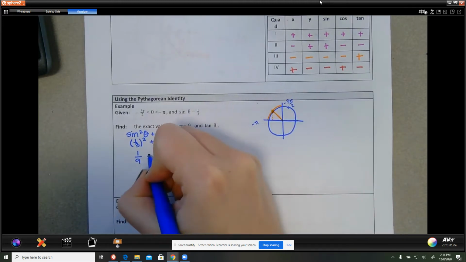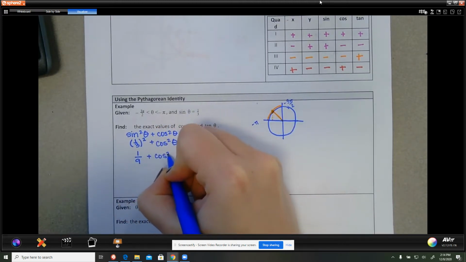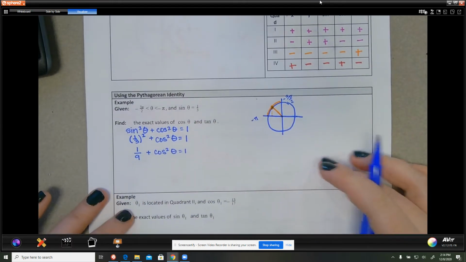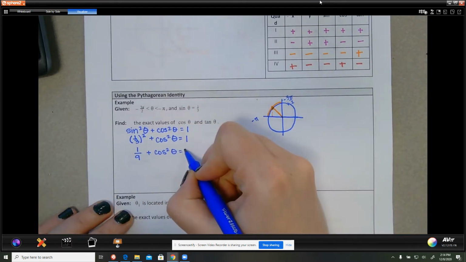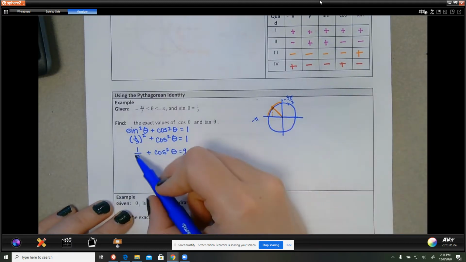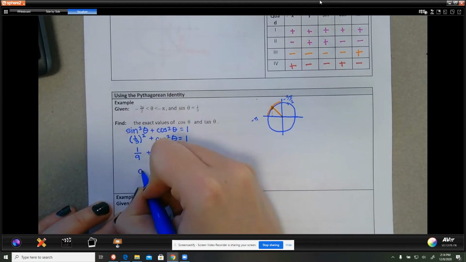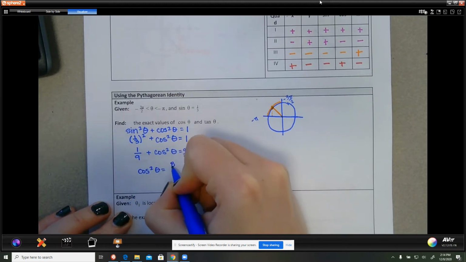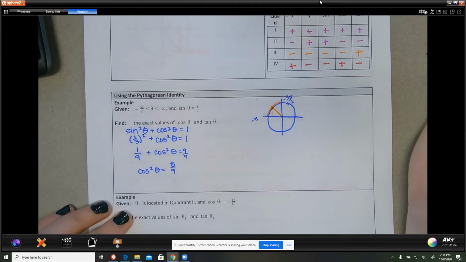Then 1 is equal to 9 over 9, so we can subtract 1/9 from both sides. So cosine squared theta is equal to 8/9.